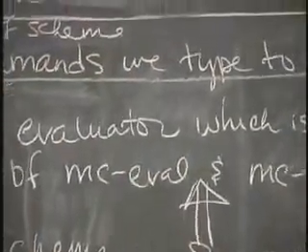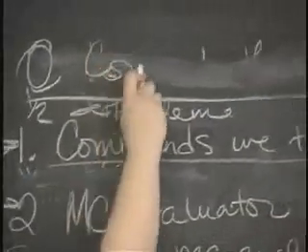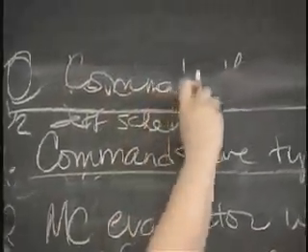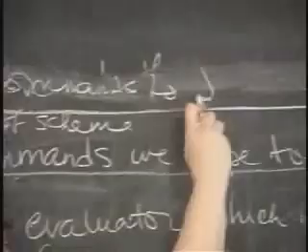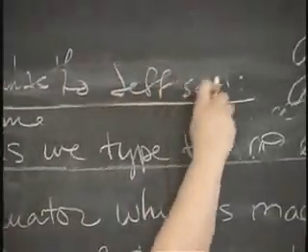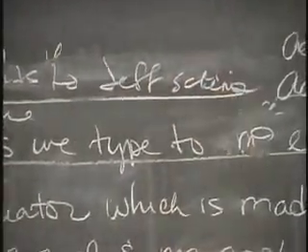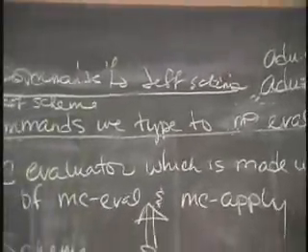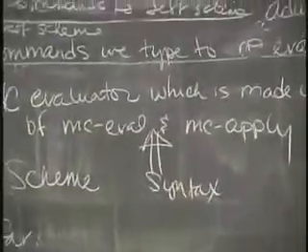And then conveniently enough, since we're in computer science, we can have level 0, which are commands to Jeff scheme. And we could go from there. Why? Because we can. Will we make you do that? No. We're not that mean.